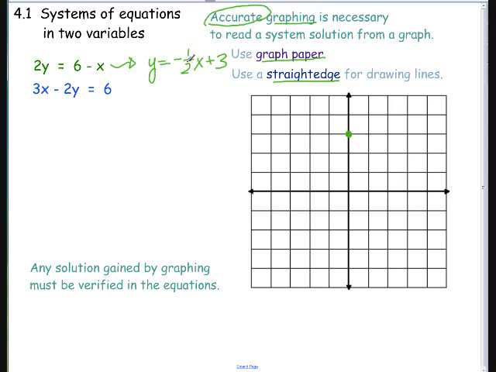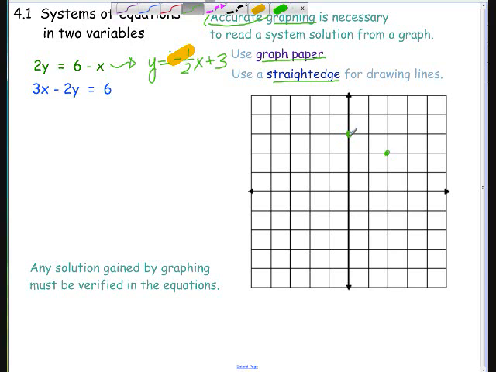Okay, this says that I am going to go down 1 and over 2. I always apply the negative to the numerator, and in that way I'm either going up or down, and then when I do the horizontal I always go from left to right. So I'll go down 1 and over 2.